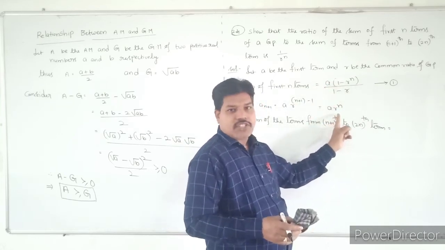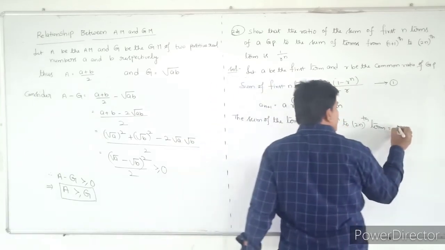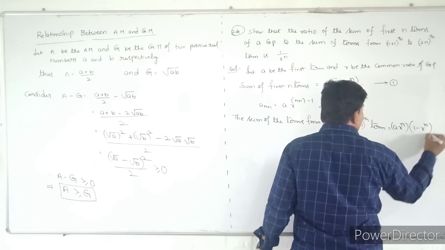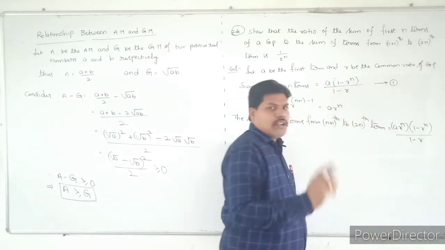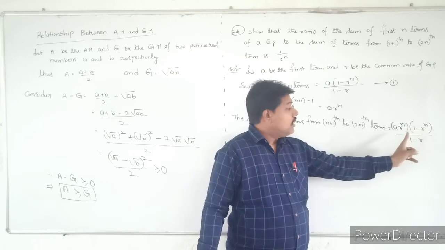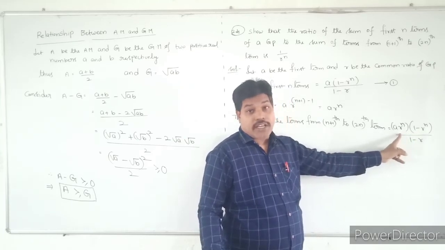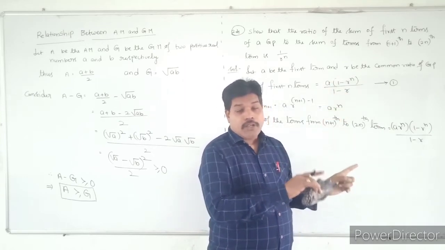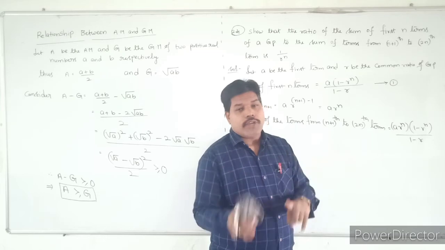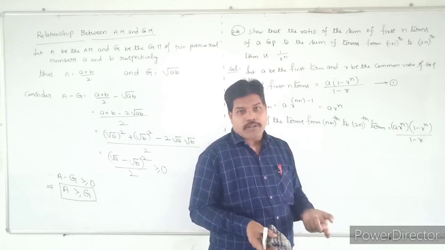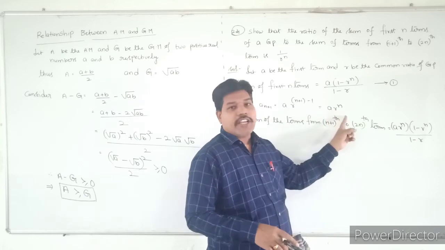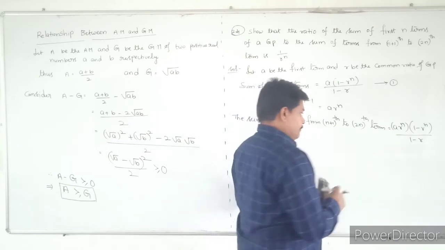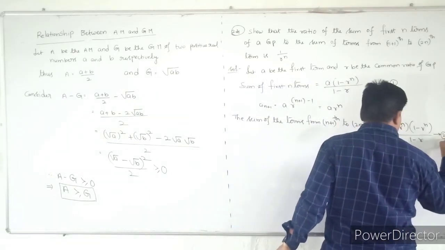The first term is a(n+1), so you will get a into r power n into 1 minus r power n by 1 minus r. The ratio is the same, r is the same, but the first term is changed. From the first term to the nth term, the first term is a. If you take n plus 1 to 2n terms, the first term is a(n+1), which is nothing but a into r power n. So in the place of a, you get a into r power n. This is equation number 2.